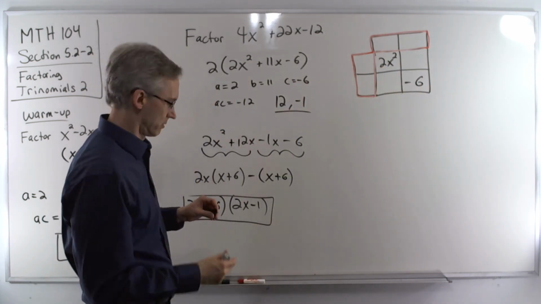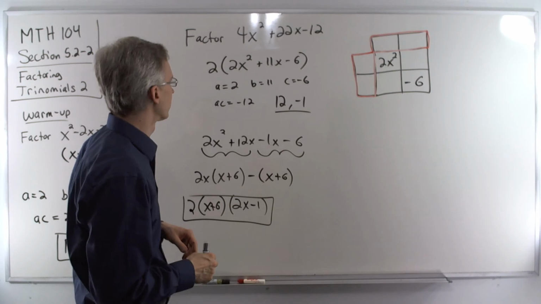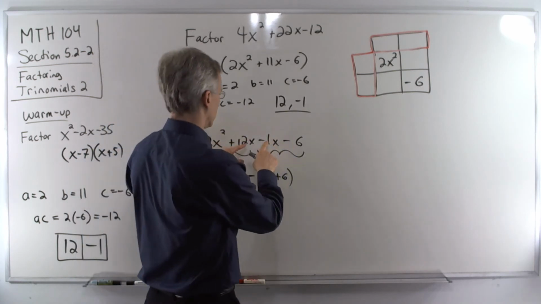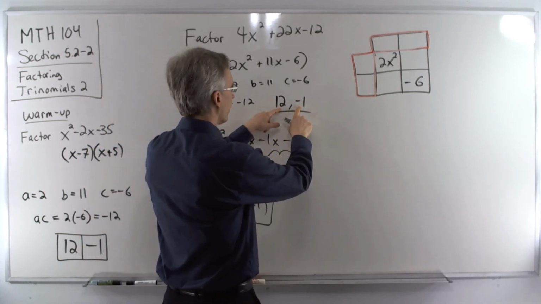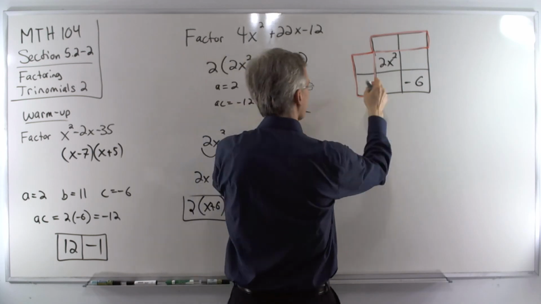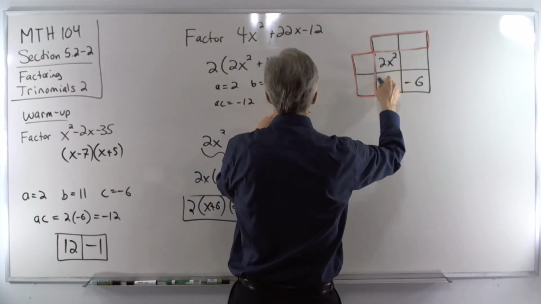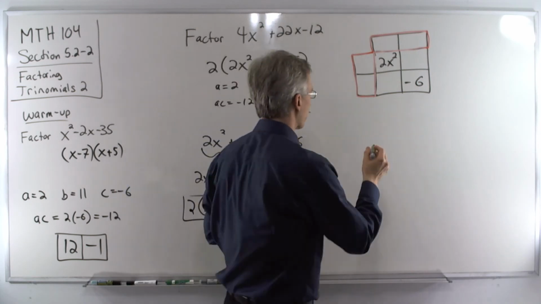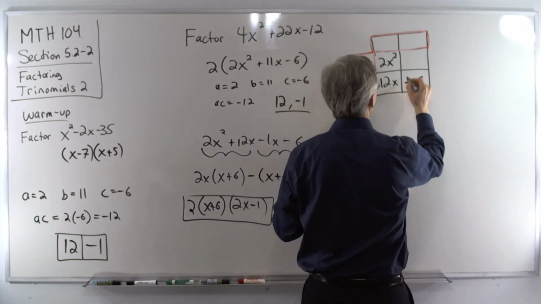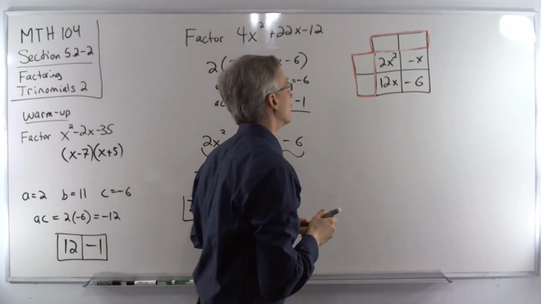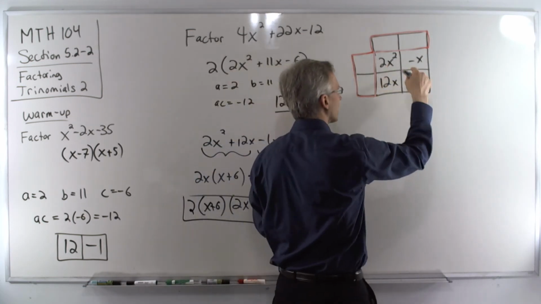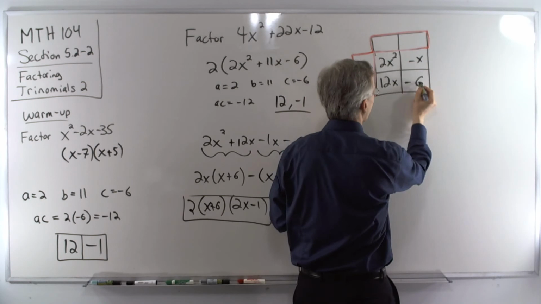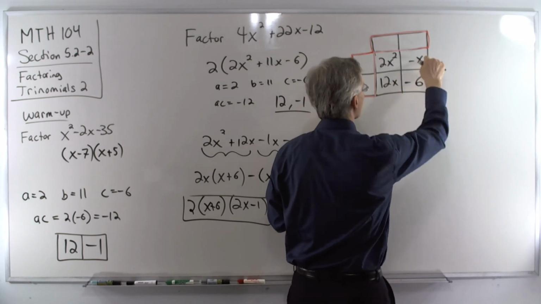Now these two middle terms we just created here, from 12 and -1, those are the numbers that are going to go here. All right, so both methods use these two numbers. So I'm going to write 12x here and -x here. All right, so the x squared term always goes here, constant term always goes here, and the x terms always go there.